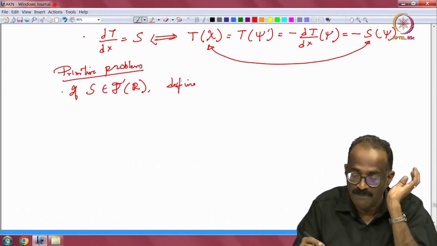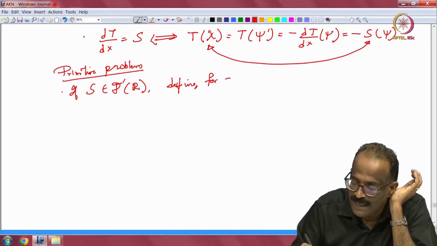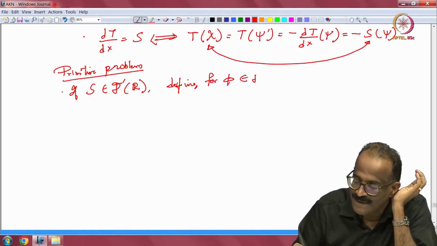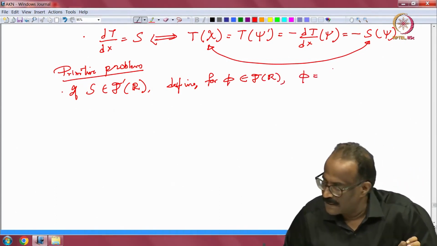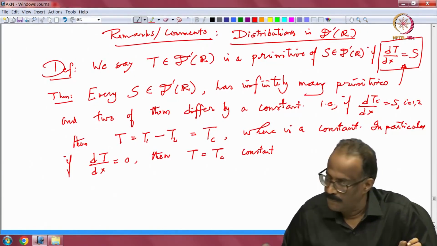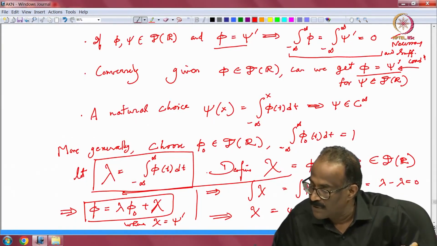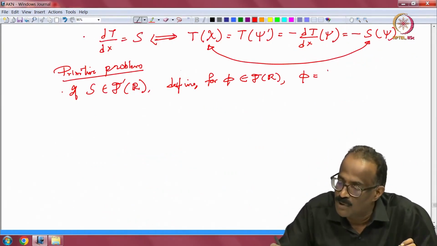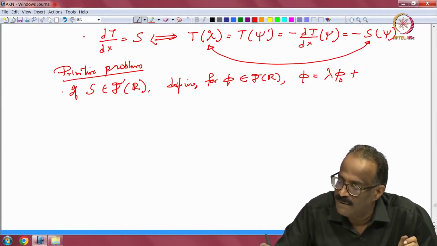Define, so you have every phi in D of R, you have that representation. Phi is equal to what is that representation, let me recall. Now phi has this representation lambda phi naught, of course it depends on your choice of phi naught, that is material, chi, where chi is psi prime.